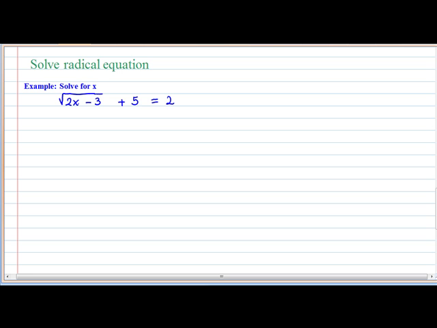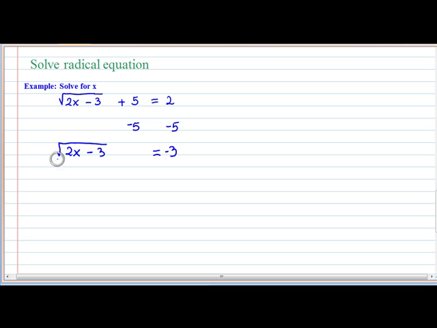Now to solve a radical equation, first we have to make sure that the radical is by itself. So we have to isolate the term by subtracting 5 from both sides. So now I have the square root of 2x minus 3 equal to minus 3.